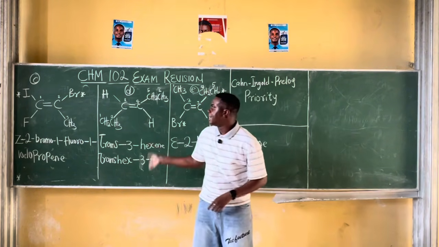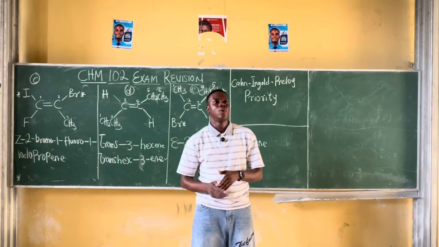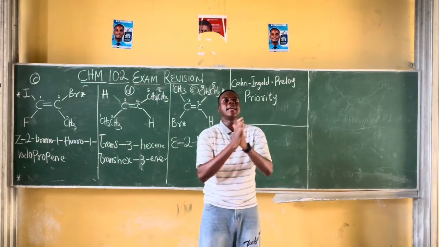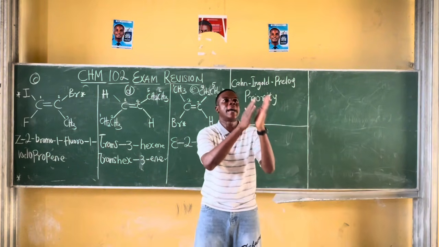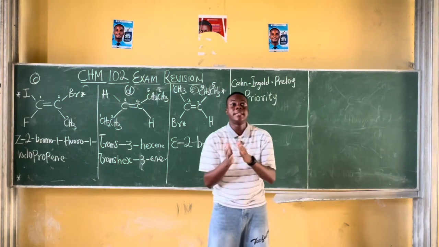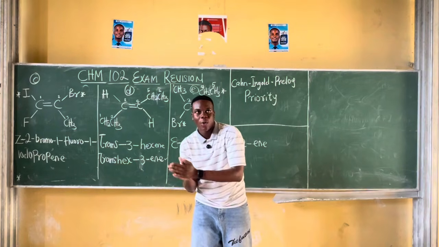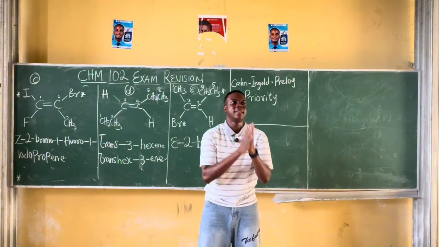Then on the other side, let's say you have bromine and another methyl. You give the higher priority to what? To the bromine. Then when you have done that, you look at these groups of higher priority. Are they on the same side or on opposite sides? Okay? So that will tell you whether it is E or Z.